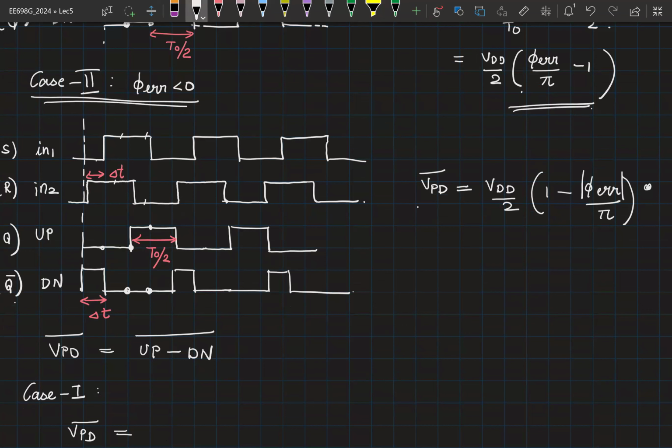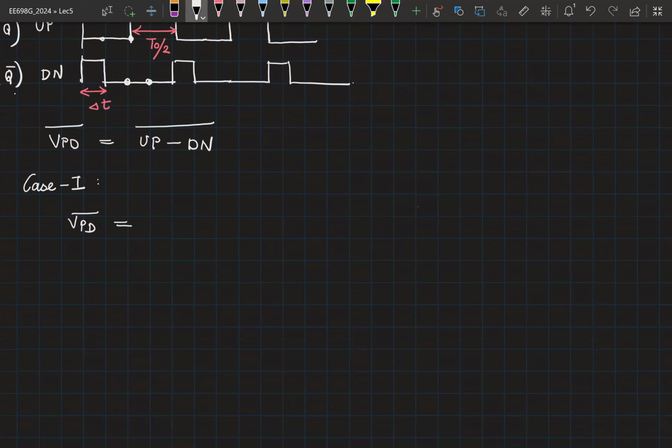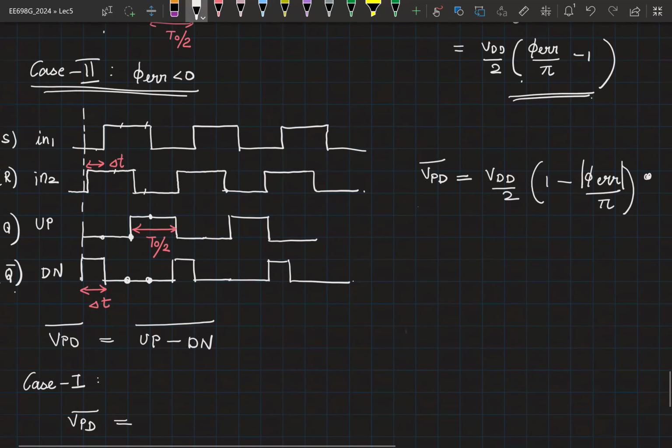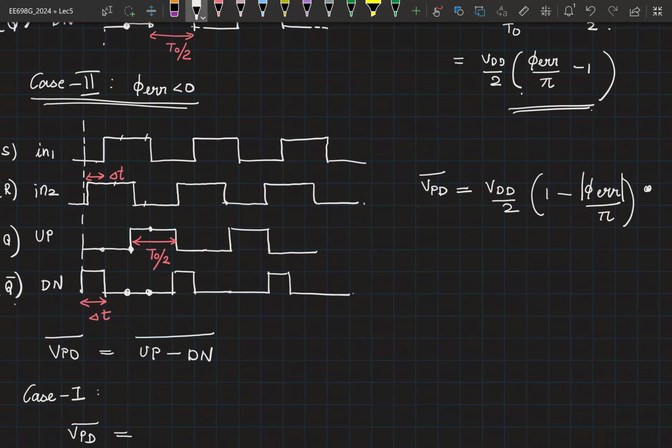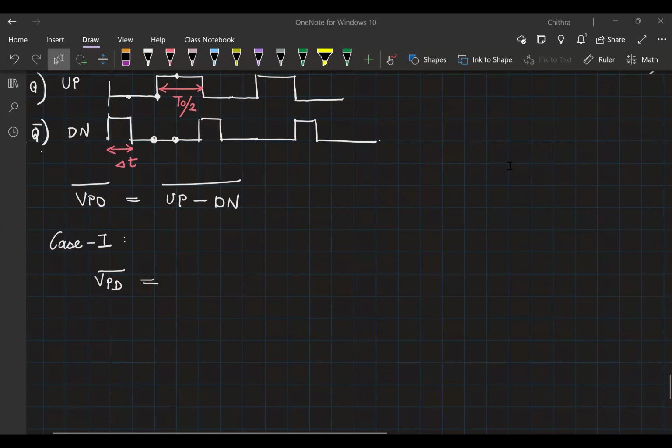Okay. So how does the plot look like? VPD average versus phase error. You have the expression. Can you plot it from minus 2 pi to plus 2 pi? So you can sketch this as a homework.